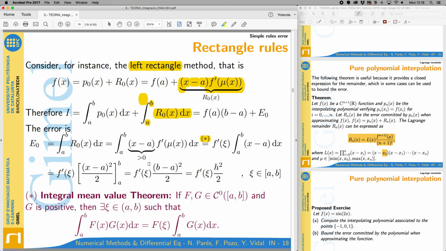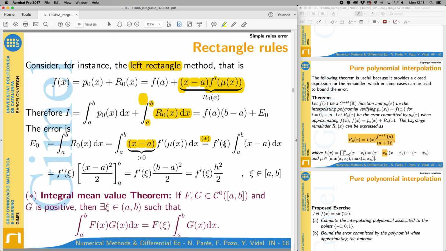Now I know that the function x minus a is always positive between a and b, because x belongs to the interval a, b, so it will always be bigger than 0. So I can use this mean value theorem where the positive function remains inside the integral, but the other one can be written outside of the integral, evaluated at a point that I don't know, but that really lives inside the interval AB.